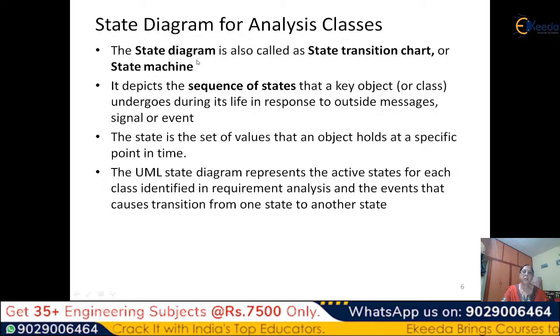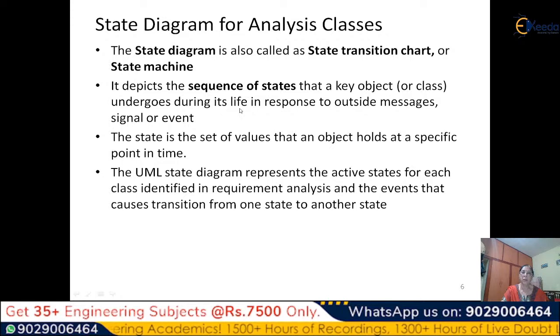Now the state diagram has many names. You can call it a state transition chart, state chart or state machine. Sometimes don't get confused. People will refer to it with different names because it has been in use for a long time and different authors have given different names. It depicts the sequences of the states that a key object or class undergoes.